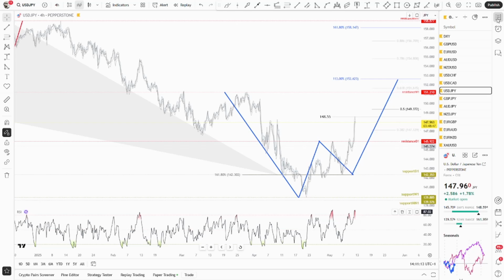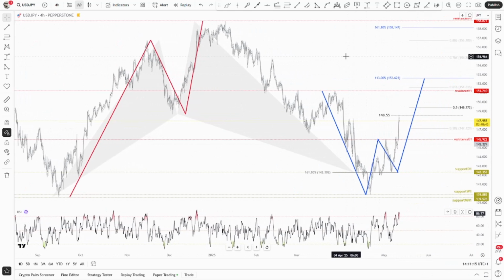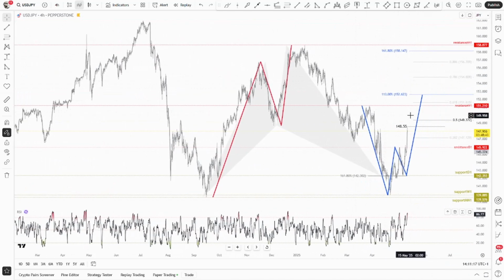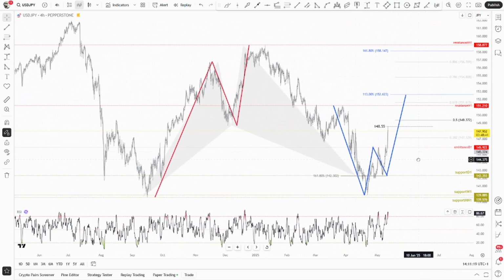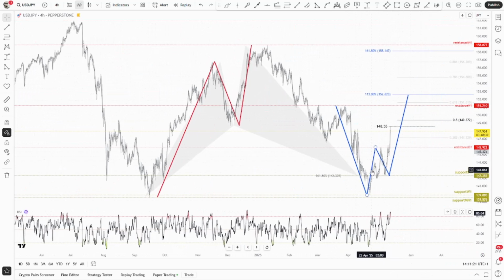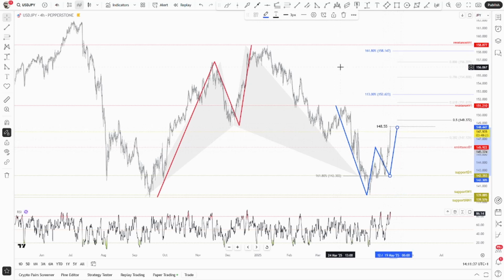Now let's jump into the dollar versus the Japanese yen and some of the other Japanese yen pairs. Symmetrical pattern completed at 148.55. So basically we have a symmetrical move, very similar to the Swiss franc, 148.55. So don't be surprised to see a small pullback from this area.